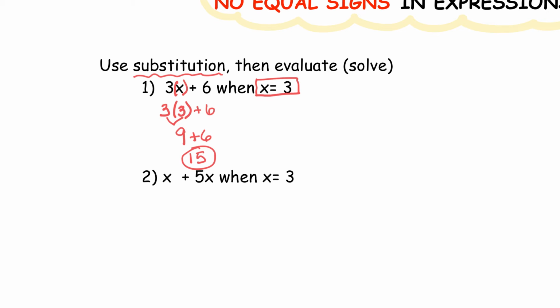One of the biggest mistakes that boys and girls seem to make when using substitution is something that Mrs. Gelderman and I called drop and plop. And you might say, what is drop and plop? That sounds awful. Well, it is awful. You definitely do not want to be dropping and plopping. Here's what that means.